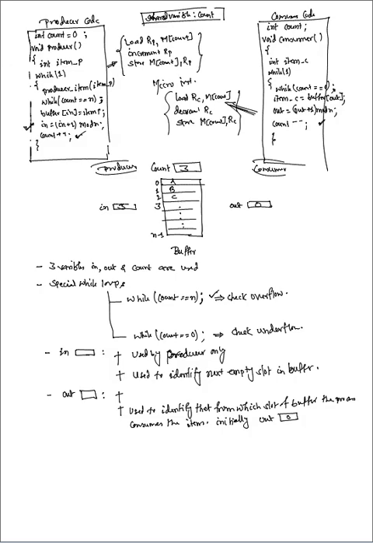Now the third variable, count. It is used by both processes, a global variable, used by both.